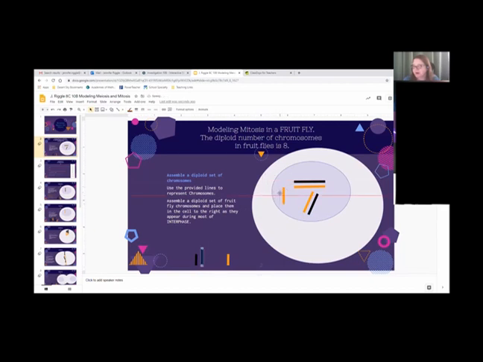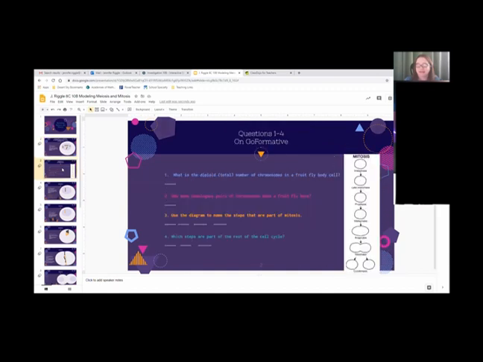Just move them all in, and they all belong in this purple area, which represents the nucleus. Okay, so you should all have 8 sticks of chromosomes, 8 chromatids up there in your nucleus. I'm going to go ahead and move on to the next slide.